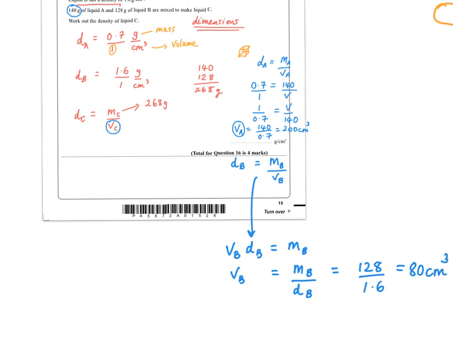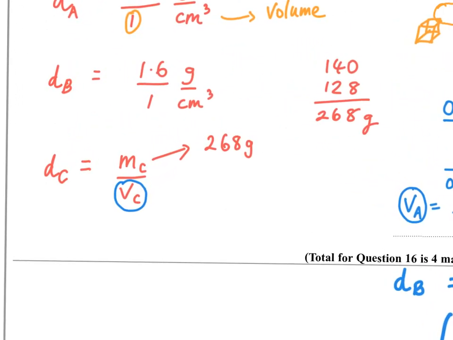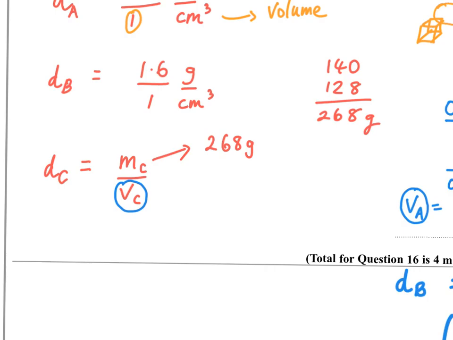So we can now get back to our crucial formula here, and we can put in the missing link, because the volume of C is really the volume of A plus the volume of B. Okay, so we had 200 plus the 80, and that was in centimetre cubes.